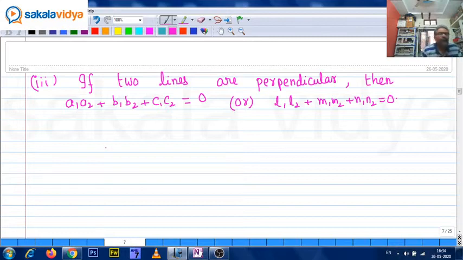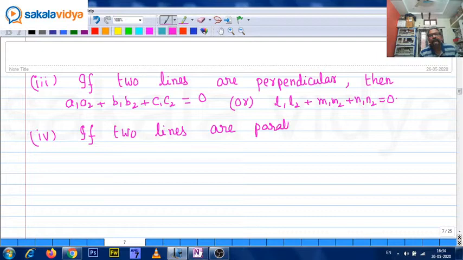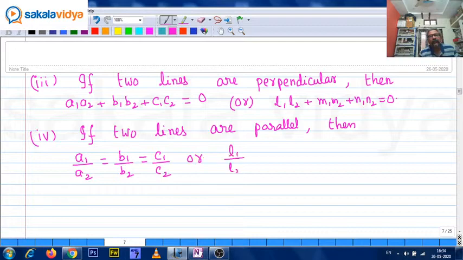So for example, if two lines are parallel to each other, then A1 by A2 equals B1 by B2 equals C1 by C2, or L1 by L2 equals M1 by M2 is equal to N1 by N2.